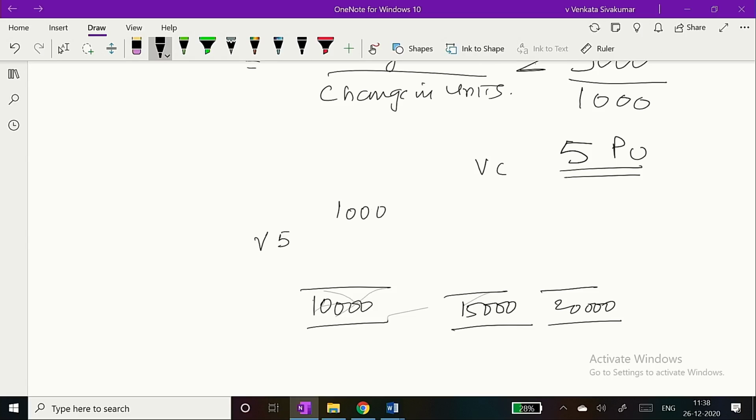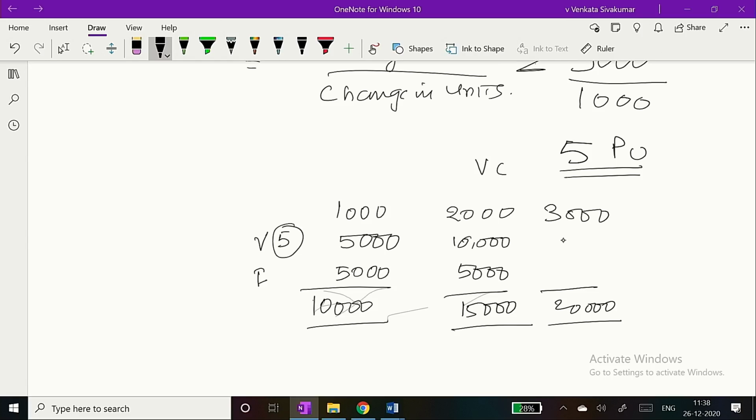Variable portion is 5 rupees per unit, so 5,000. Balance should be fixed, 5,000. When it is 2,000 units, 2,000 into 5, 10,000, and this is 5,000. So this is 3,000 units, 3,000 into 5, 15,000, and this is 5,000, 20,000. This is called as semi-variable cost.